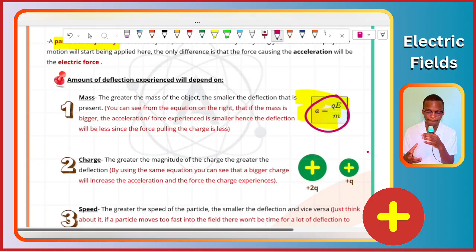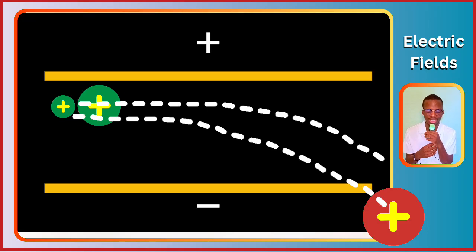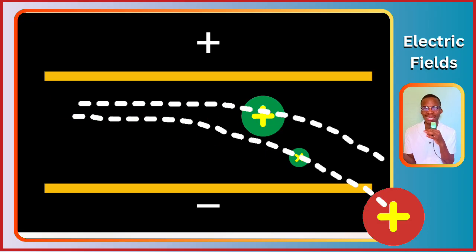If the value of m is very big, this will cause the acceleration to be smaller. 1/10 is way bigger than 1/100. If the acceleration is very small, that implies that the force pulling you down will be less, so the deflection you're going to experience will also be small. As you can see in that illustration, that is for a bigger mass and that is for a smaller mass.